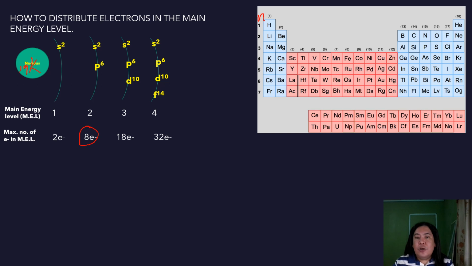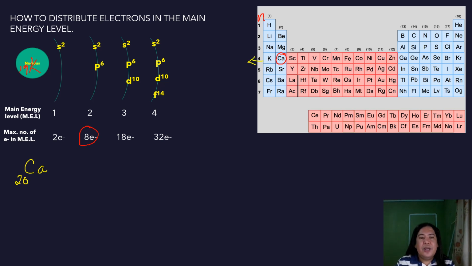Okay. So, how to distribute electrons in the main energy level? Okay. Let's have an example. Say we have calcium. Calcium has an atomic number of 20. So, calcium belongs to period 4.